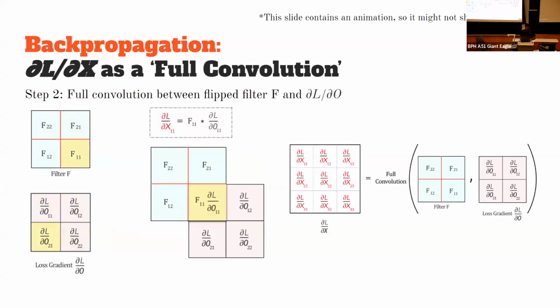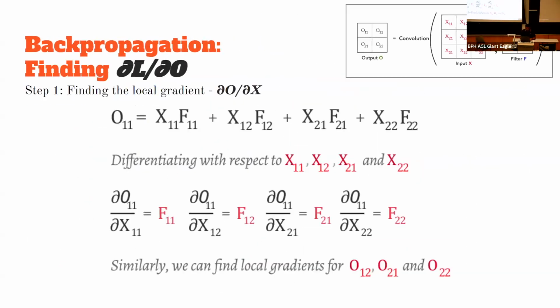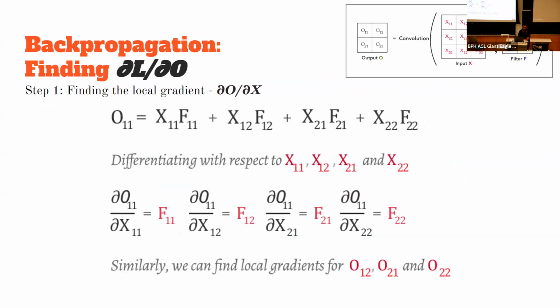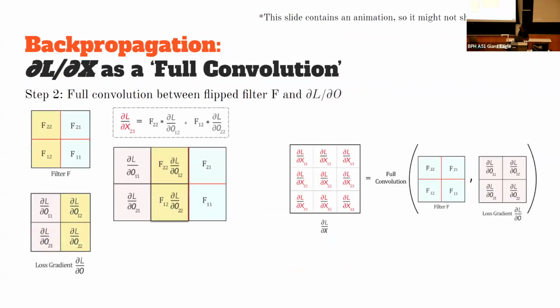So this equation where O11 is equal to the whole sum is the convolution that's happening. Is full convolution different than plain convolution? No, it's not different.